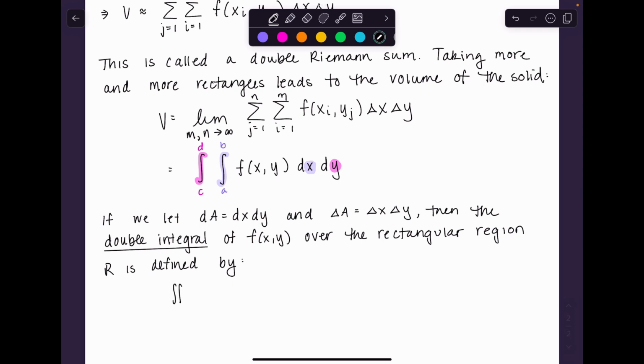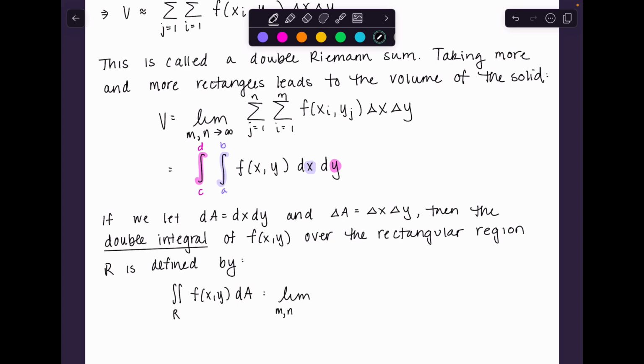We have a double integral. The region I'm integrating over is R. We have our function inside, and then we're integrating with respect to x and y. And again, that order depends on the problem. This is defined really in terms of Riemann sums.